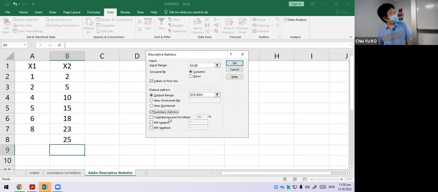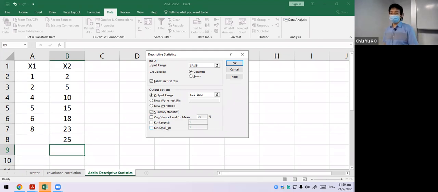You will understand what we mean by confidence level for mean in topic 4 or topic 5, when you talk about interval estimation. But for now we just need this one. Kth largest and kth smallest are usually not our concern for the moment.